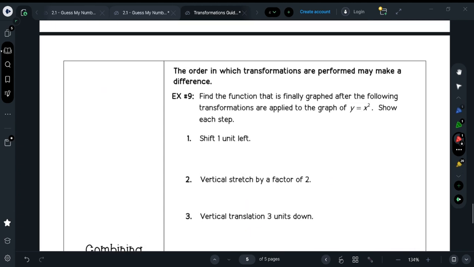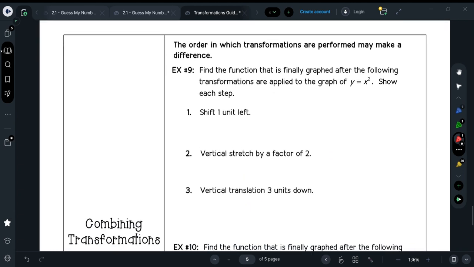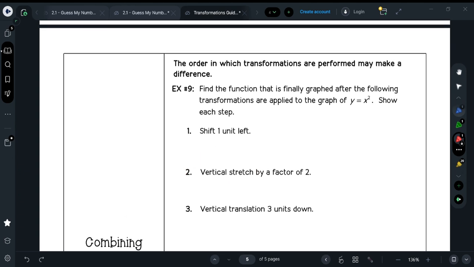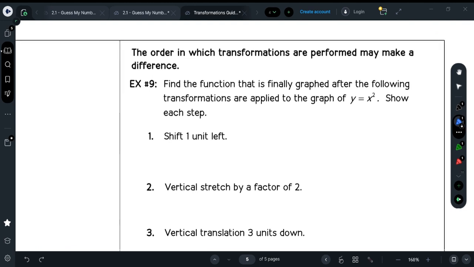combining transformations. Now there are some vertical stretches in here, but that's okay. We're still going to do these because here what we're doing is we're just writing the equation following each of these transformations. So find the function that is finally graphed after the following transformations are applied to the graph of y equals x squared.